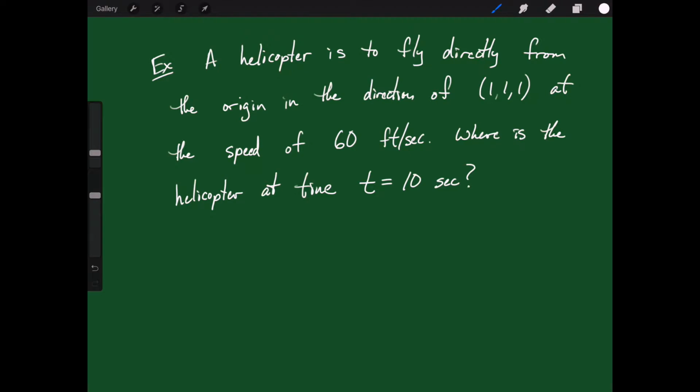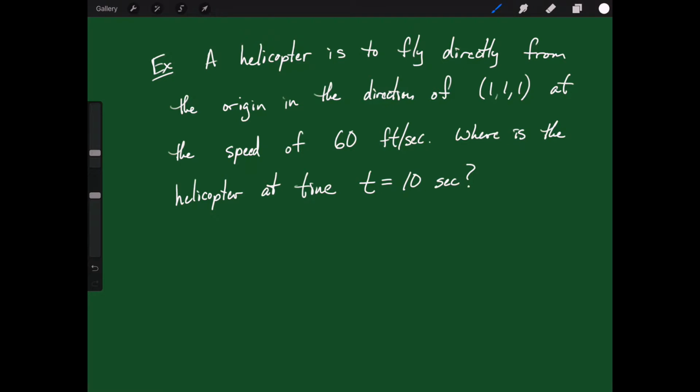Okay, so what I'd like to do is create a parametric equation for the flight of this helicopter. First of all, I need to know a point which this helicopter flies through, and I need to know a vector.